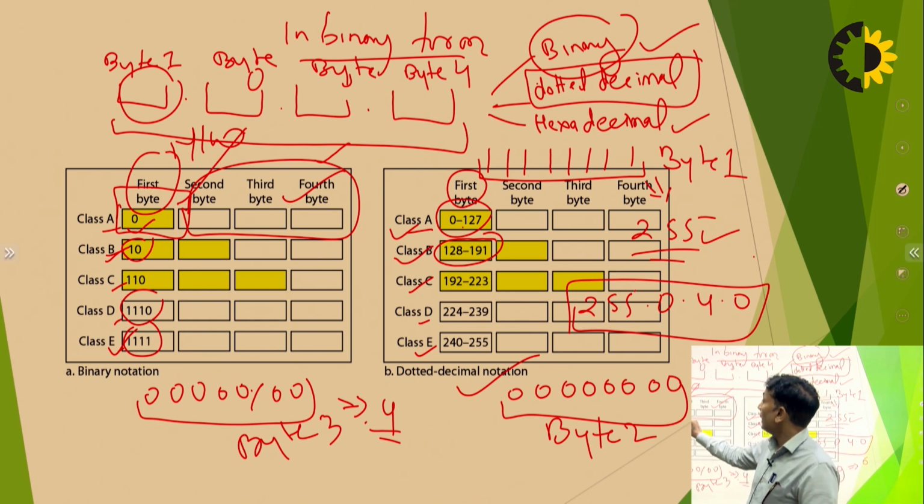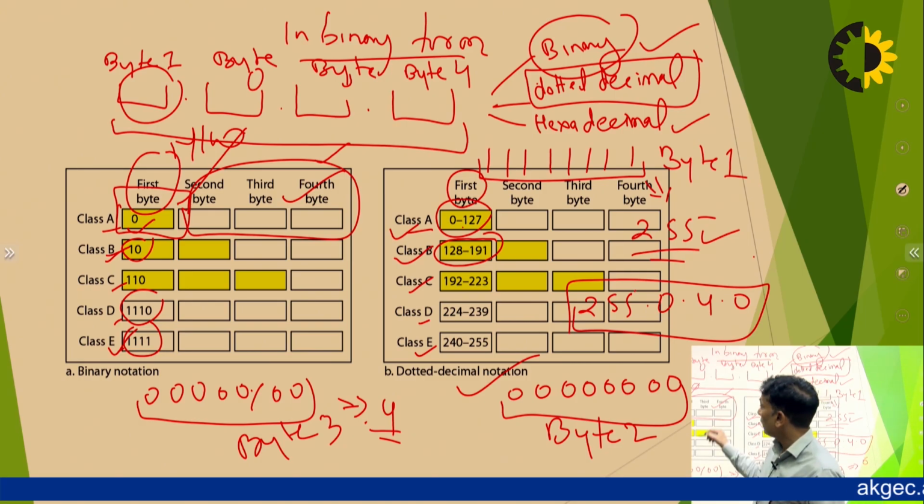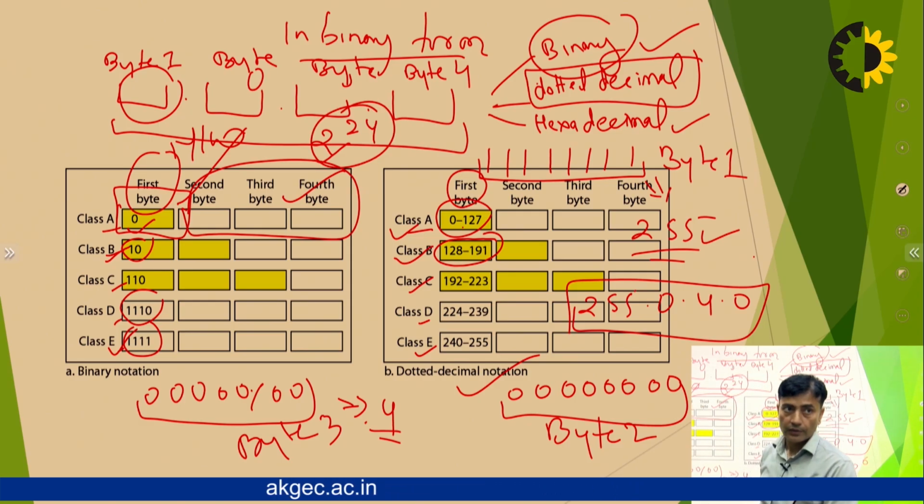It means that in class A, a total of 2 to power 8 networks may be designed, and each network has the capacity of 2 to power 24 devices that may be connected.